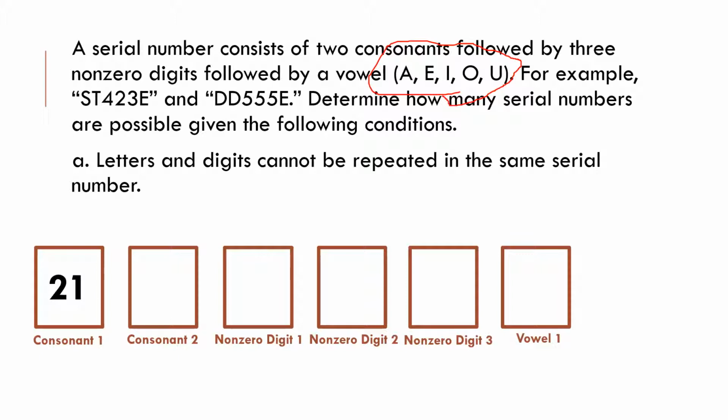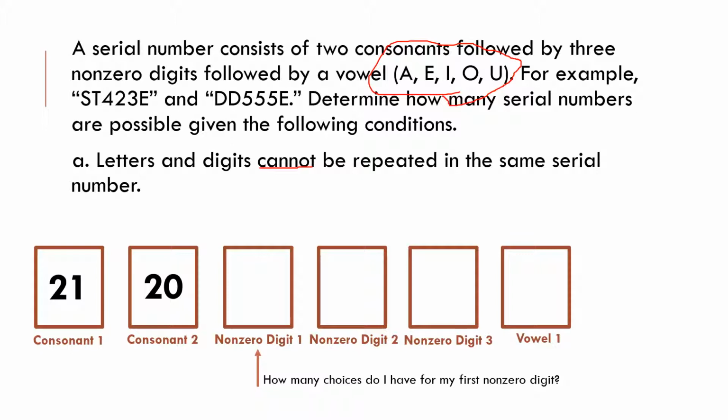Now in this example, the digits and letters cannot be repeated. So once I've chosen my first consonant, since I can't repeat letters, I now have 20 choices for my second consonant. Now we're moving on to non-zero digits. How many choices do I have for my first non-zero digit?